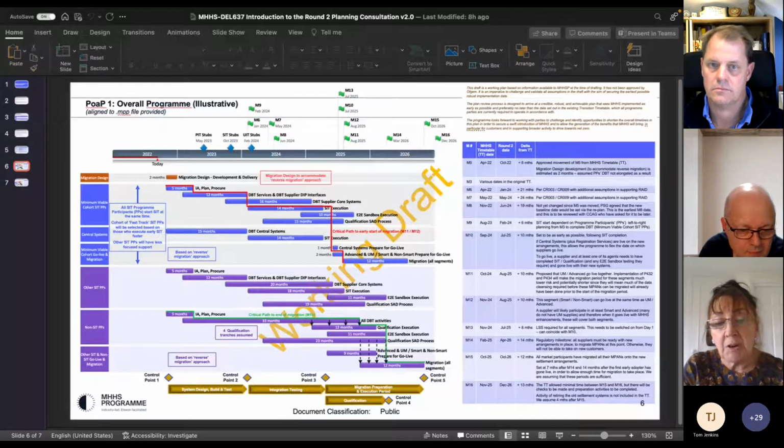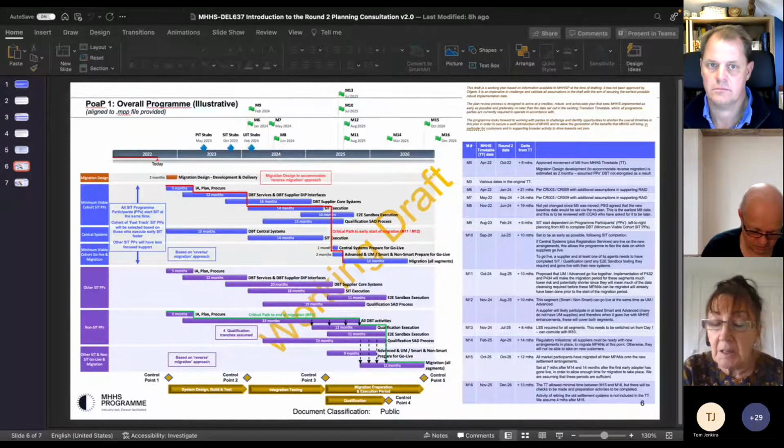So let me just say roughly what it is. What we are contracted to do is provide something that will simulate an LSS or simulate an MDS.